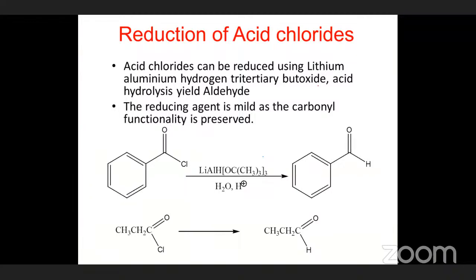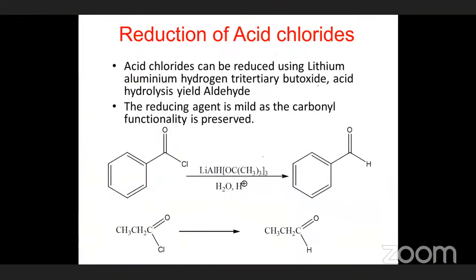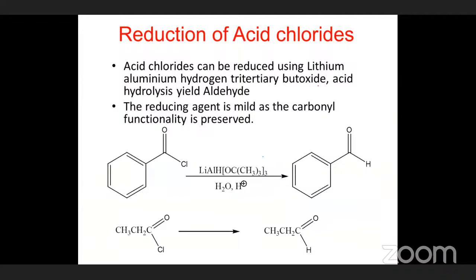Now, apart from oxidation, you can also prepare carbonyls by reduction reactions. The first example we're going to be looking at here is the reduction of acid chlorides. At least you have an idea of acid chlorides from secondary school.